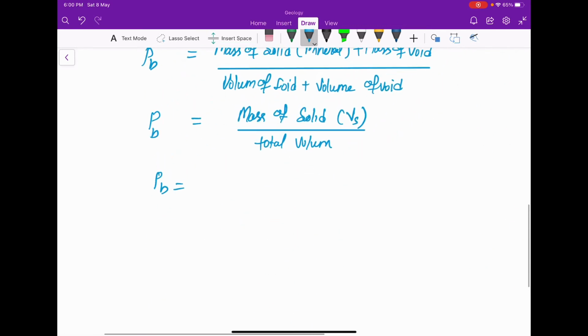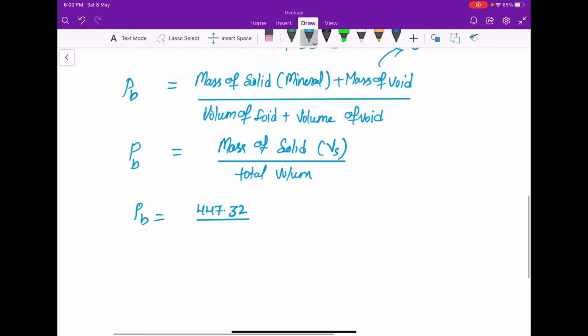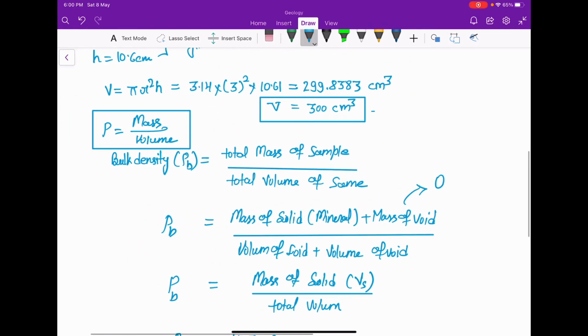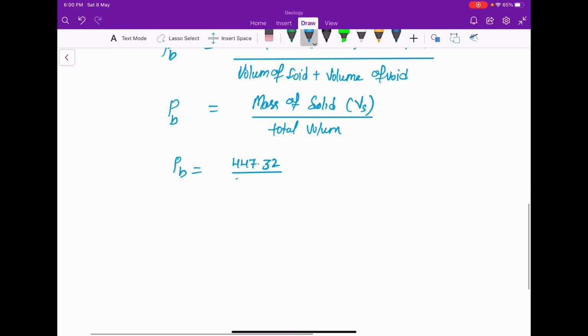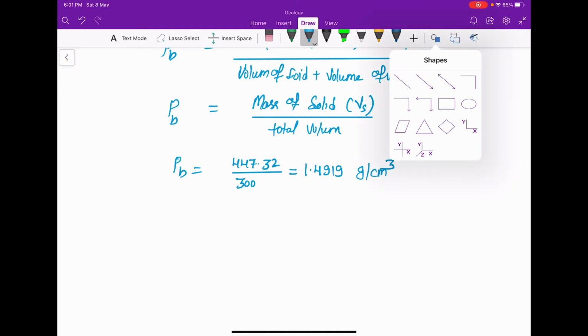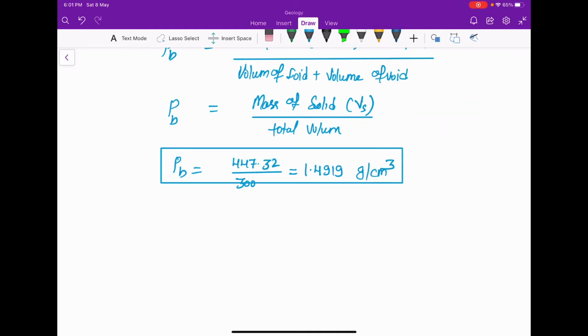So the mass of solid 447.32 divided by the volume of the sample, which we calculated as 300, is equal to 1.4919, and the unit will be gram per centimeter cube. So the value of bulk density we get is 1.4919.